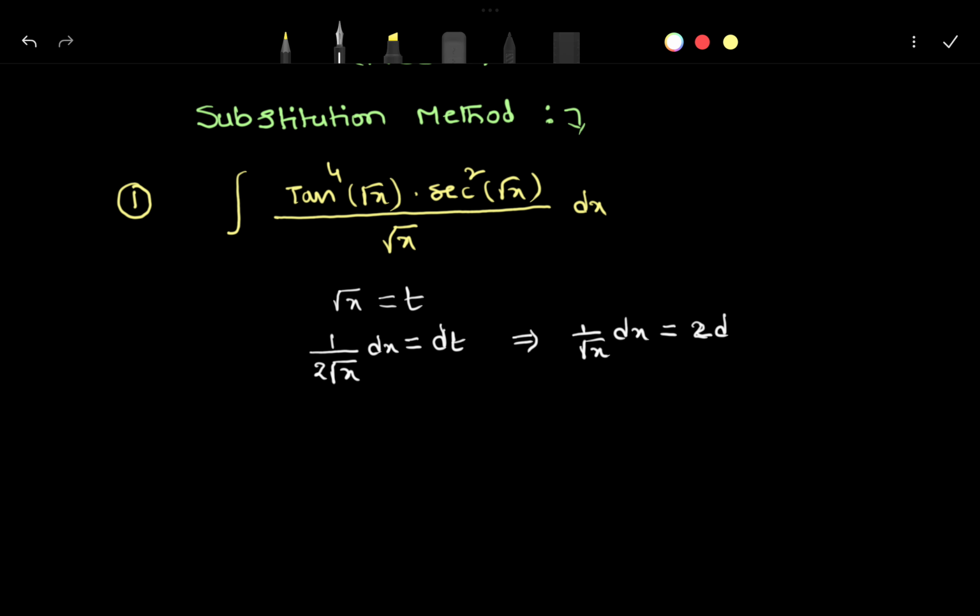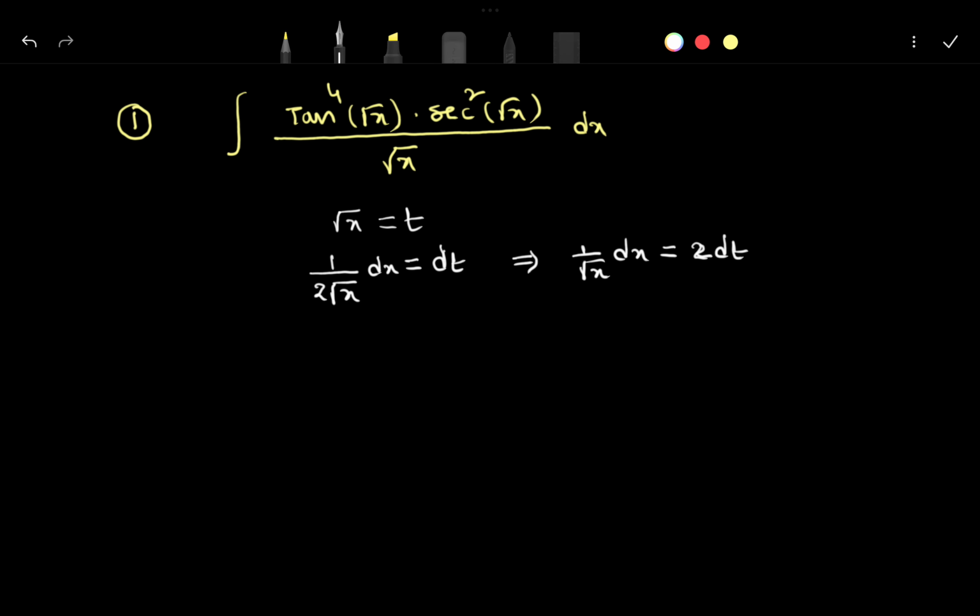Now you substitute this value in the given function, therefore integration of tan of t whole to the power of 4 into secant square of t into dx by root x, that value you can write as 2 into dt.